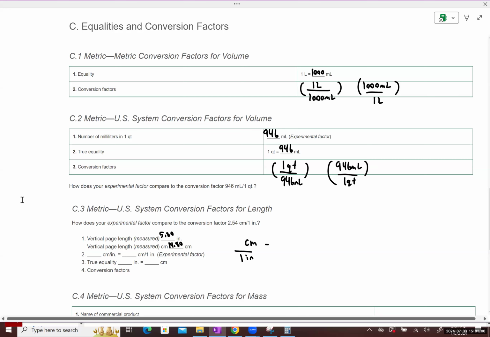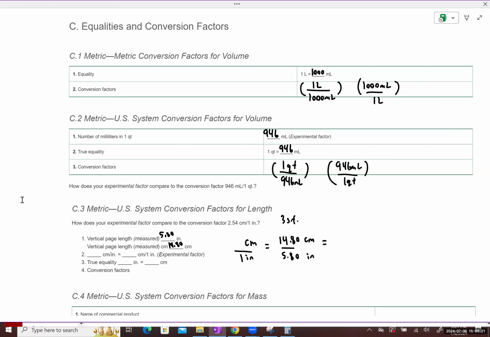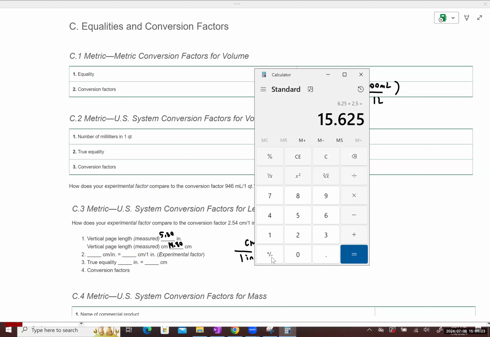The way that we do that is we take our centimeter value, which is 14.80 centimeters, and divide it by the inch value, which is 5.80 inches. Our final answer is going to be rounded to 3 significant figures because the bottom number only has 3 significant digits reported. So let's calculate that.